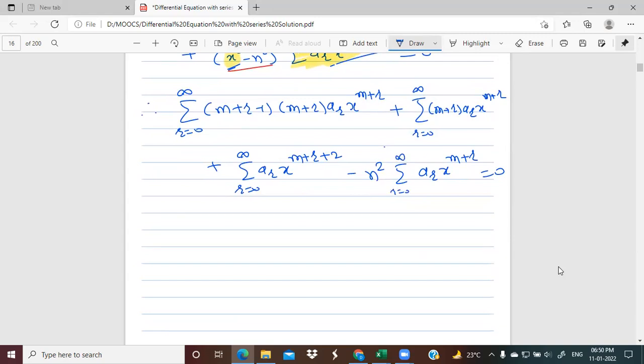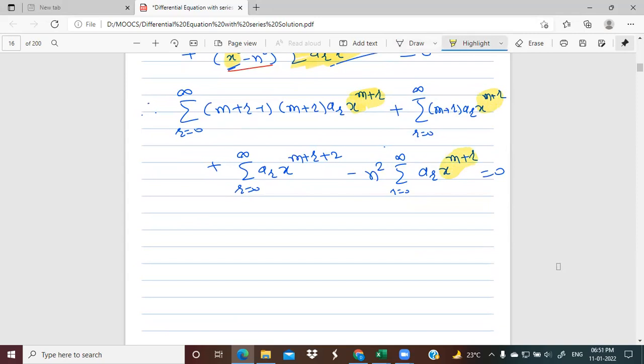Now see, if powers of x are same, then we can collect in one bracket and simplify. If we observe, here the power of x is m plus r, here the power of x is m plus r, and here also m plus r, with r varying to infinity.